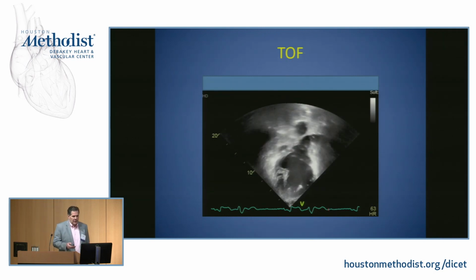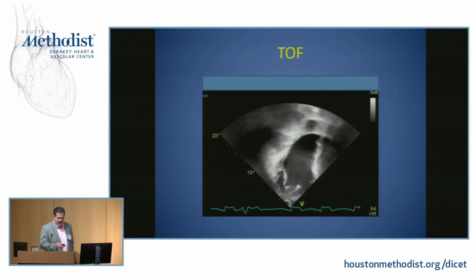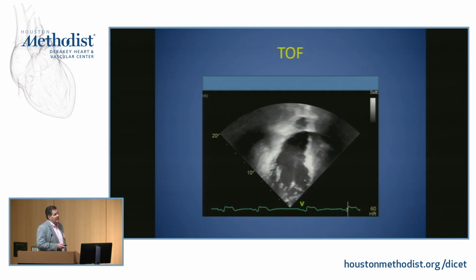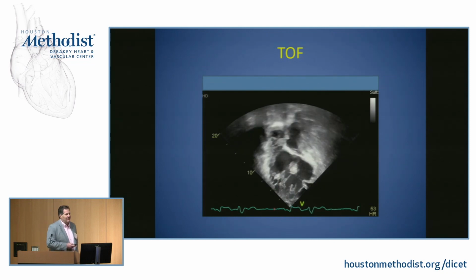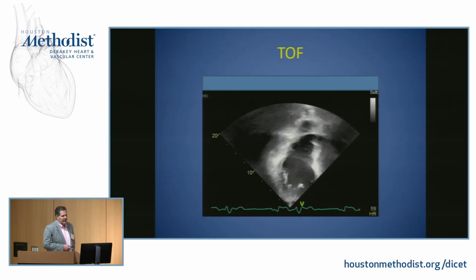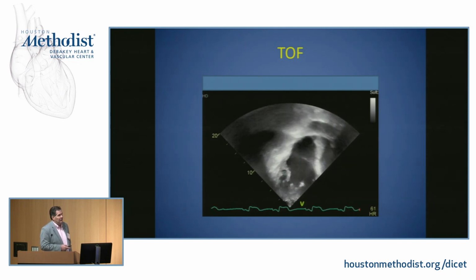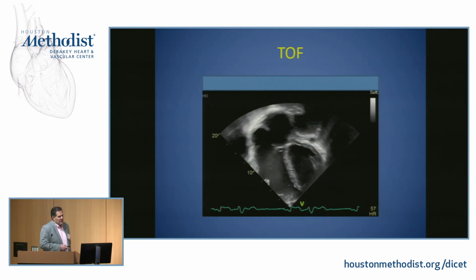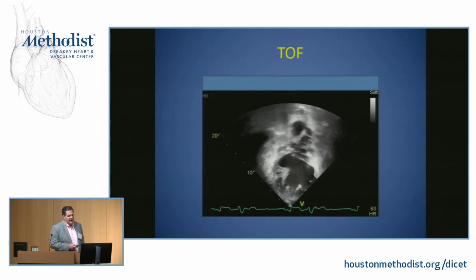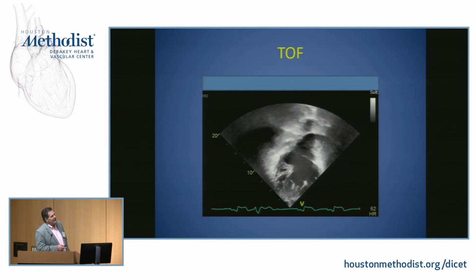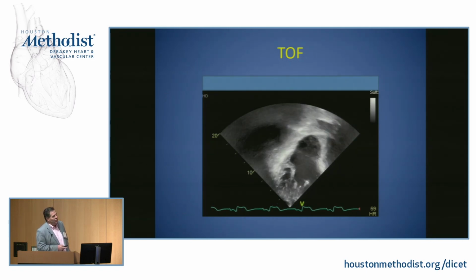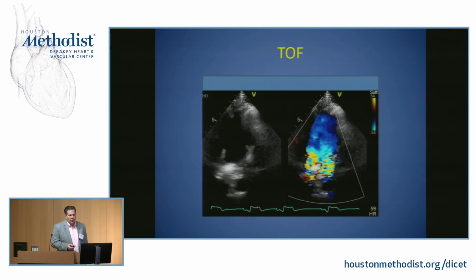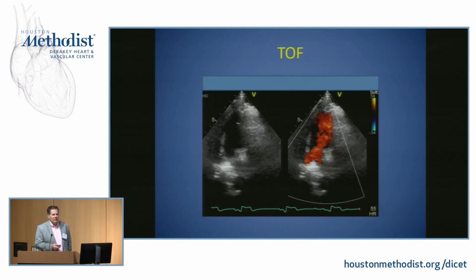So this is a gentleman who had Tetralogy of Fallot repaired as a child, and then was lost to follow-up for many years. And you'll see he has a markedly dilated right ventricle and right ventricular outflow tract. We did not feel he was a good surgical candidate, and in addition to wide open pulmonary regurgitation, he had stenosis of his proximal branch pulmonary artery.